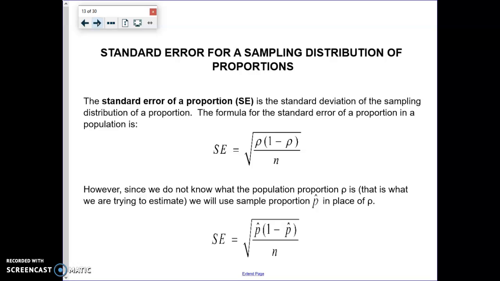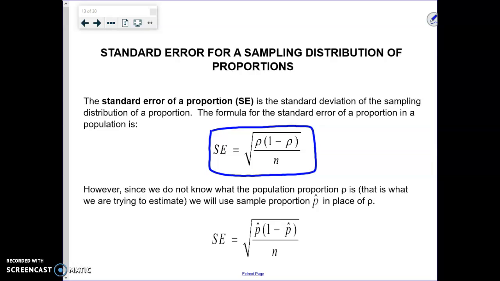Now, if we happen to know the population, the standard error of the entire sampling distribution of sample proportions is found by taking the population proportion times 1 minus the population proportion, divided by the sample size, and you take the square root of that, okay? Now, obviously, we're estimating the population proportion. We don't know what it is. So if we don't know what it is, what are we going to use to estimate?